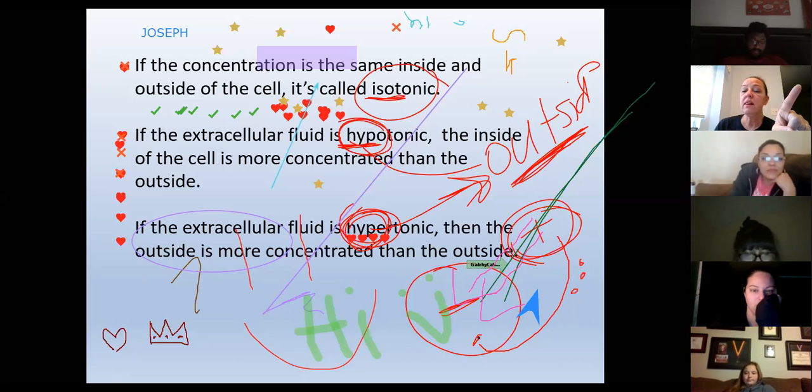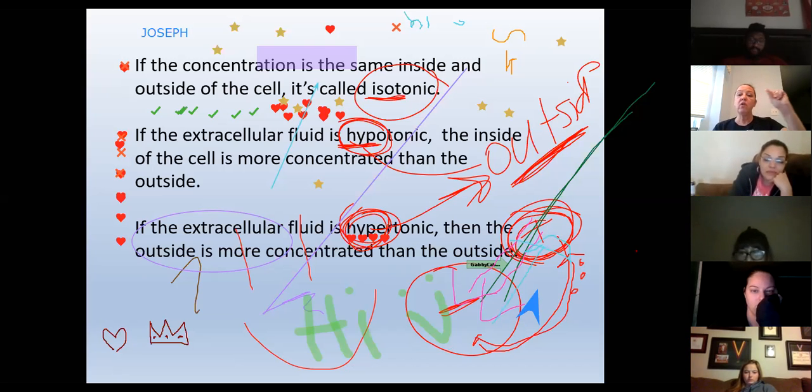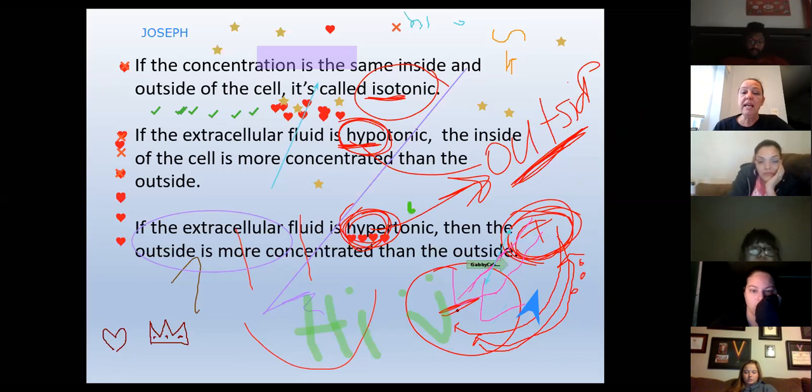But I'm moving the liquid. I want to dilute this, so I have to move the fluid this way.